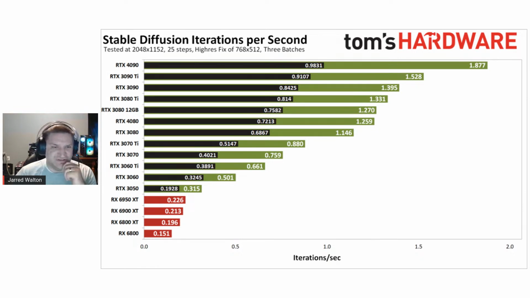So this is kind of interesting. You can see the 6800 is not memory bandwidth constrained, since the 6900, 6800 XT, and 6800 all have the same 16 gigabytes of GDDR6 memory. So it's scaling basically with their compute performance. The 6950 has slightly faster VRAM and more compute because it's clocked higher.